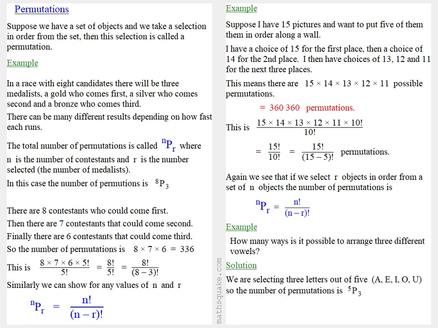Well, to solve this, we're selecting 3 letters out of 5, that is A, E, I, O or U. So the number of permutations is 5P3, which is 5 factorial over (5 minus 3) factorial, or 5 factorial over 2 factorial, which is 5 times 4 times 3, which is 60. So there are 60 permutations.